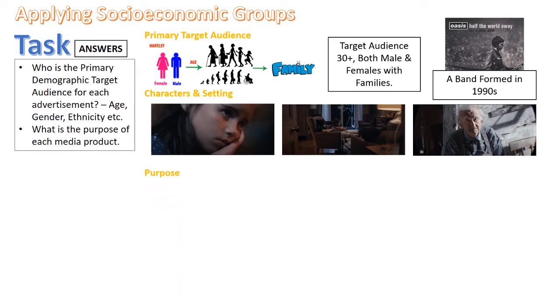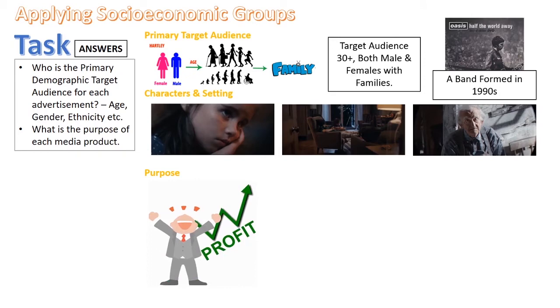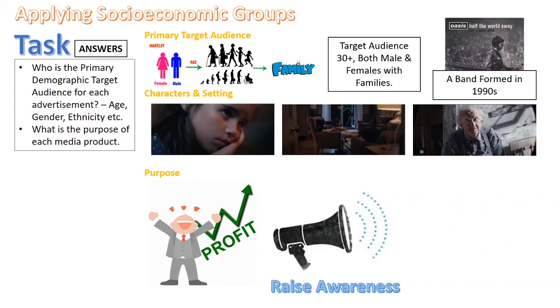When we're thinking about the purpose, generally on any advert, it's to make profit. John Lewis is a commercially run company. It wants to make profit, and that's one of the main purposes behind it. But it's also to raise awareness. This advert was made, and we'll go into a lot more detail in the next lesson, in conjunction with Age UK.